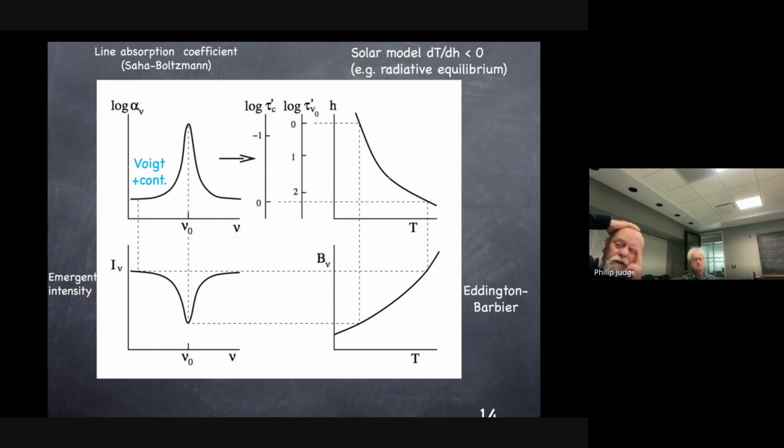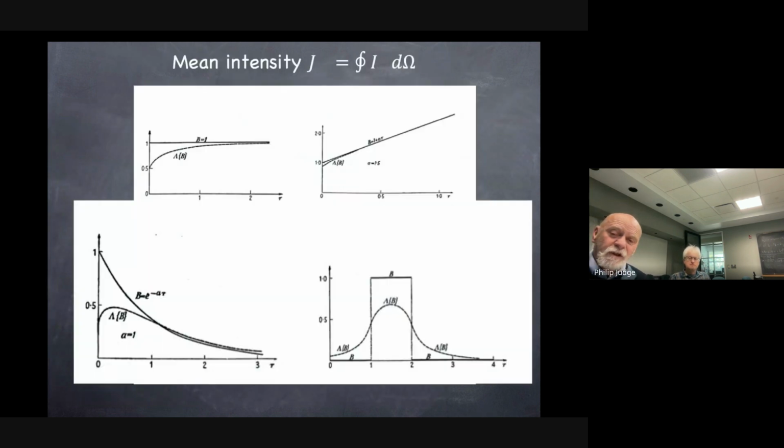So let's now look at a solar model where we actually do have a temperature changing with height. Remember, we showed a while back this top right figure here. This shows you as a function of the gray optical depth that we're assuming, it would be like a Rosseland mean.